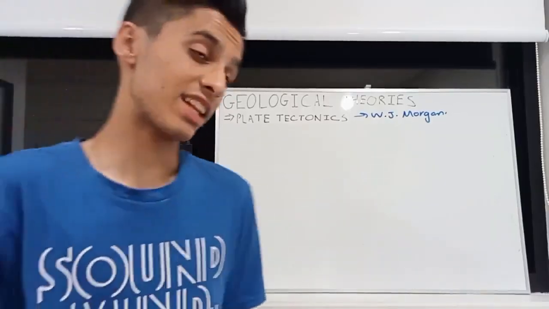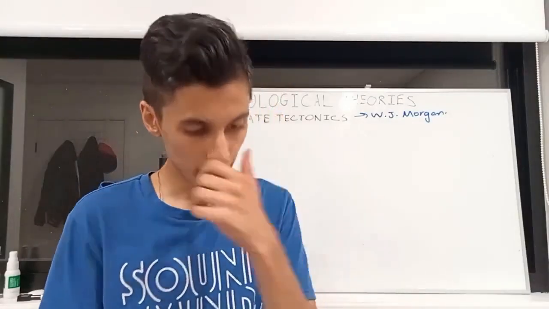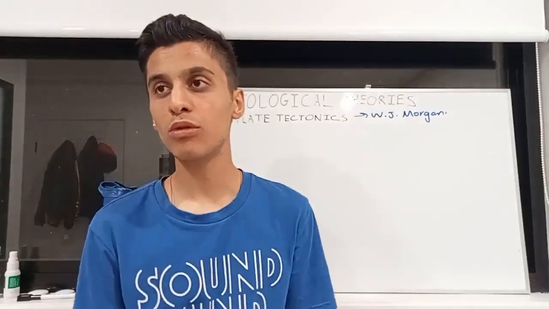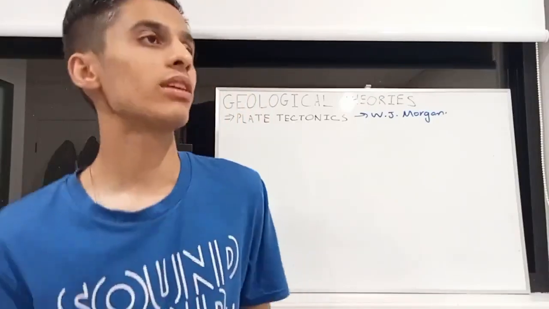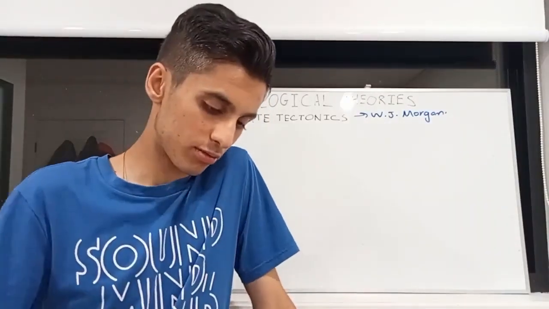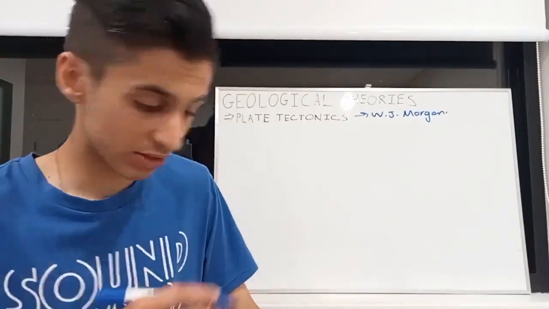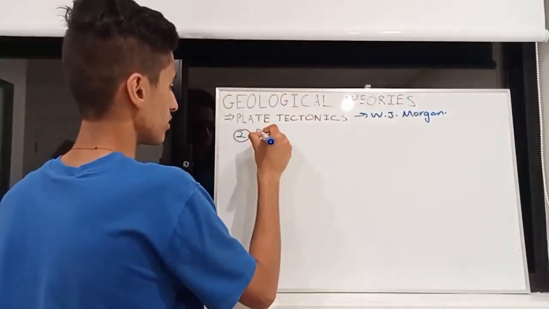So now that we've looked at the overarching definition, let's get straight into the smaller and more refined aspects of the plate tectonic theory. So the first part of understanding plate tectonics is understanding plate boundaries. The second definition we want to know is plate boundaries.